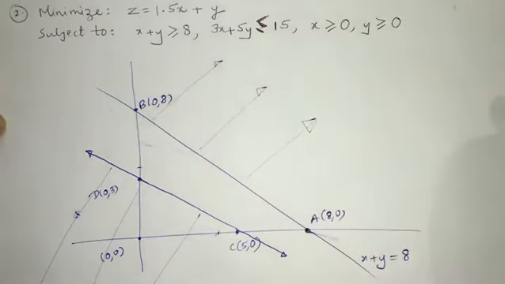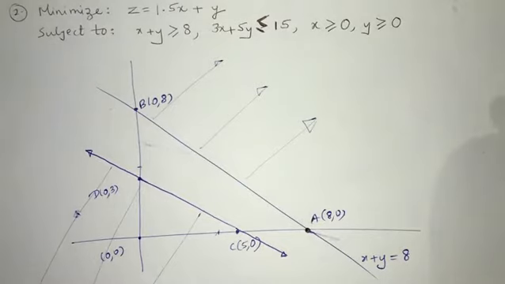Now there is no intersection at all. There is no common region between these two inequalities in the first place. If there is no common region, there is not going to be any point satisfying all the inequalities simultaneously. Therefore, no feasible region, no common points. We don't know where the value is going to be minimum or maximum.